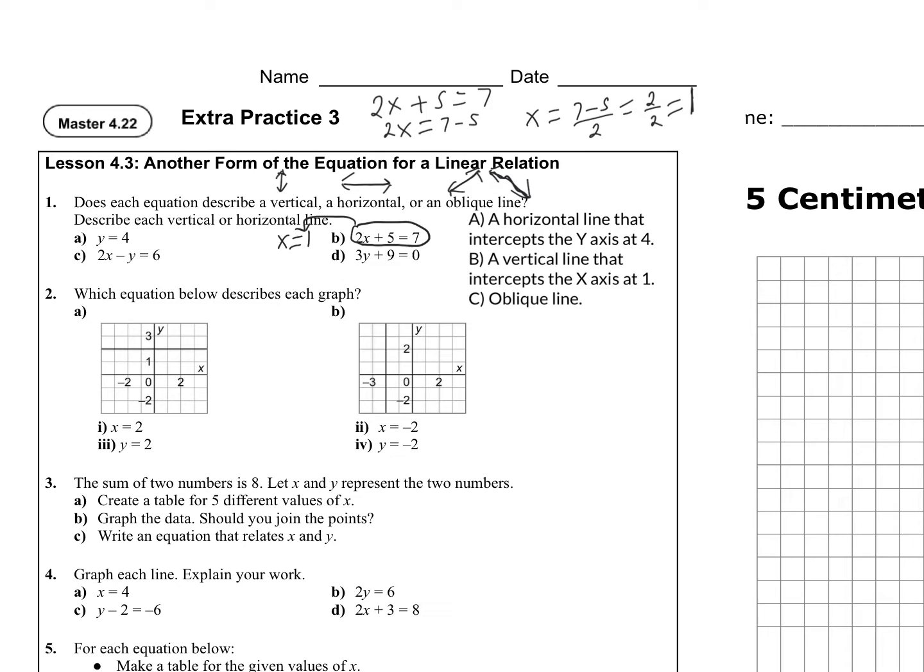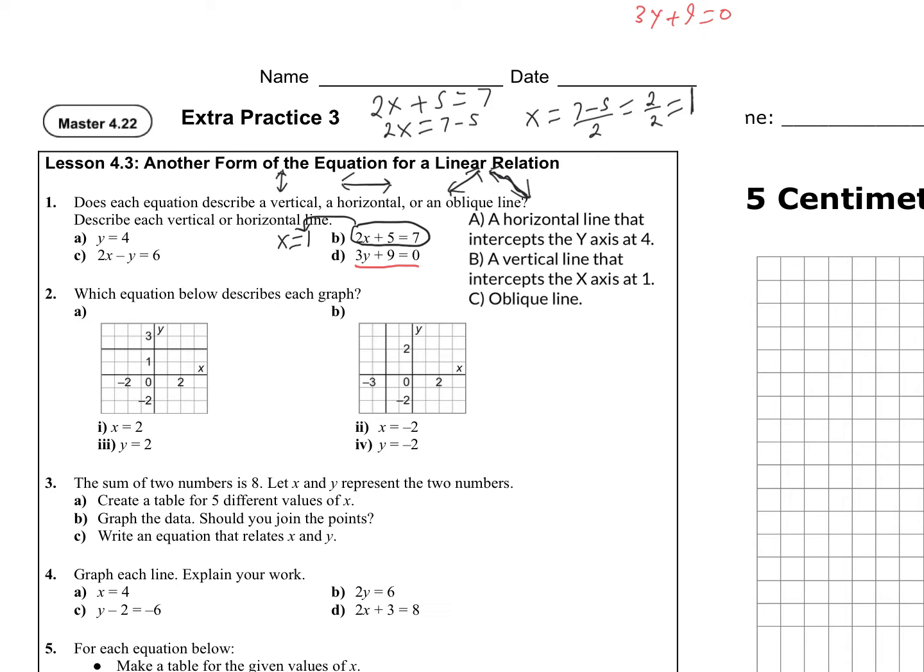Now for D, on the other hand, D has just a y again. 3y plus 9 equals 0. And I'm left with a similar situation like I had in B up top here. So I take this equation right here, and I do a little bit of algebra up top, a little out of the way. 3y plus 9 equals 0.